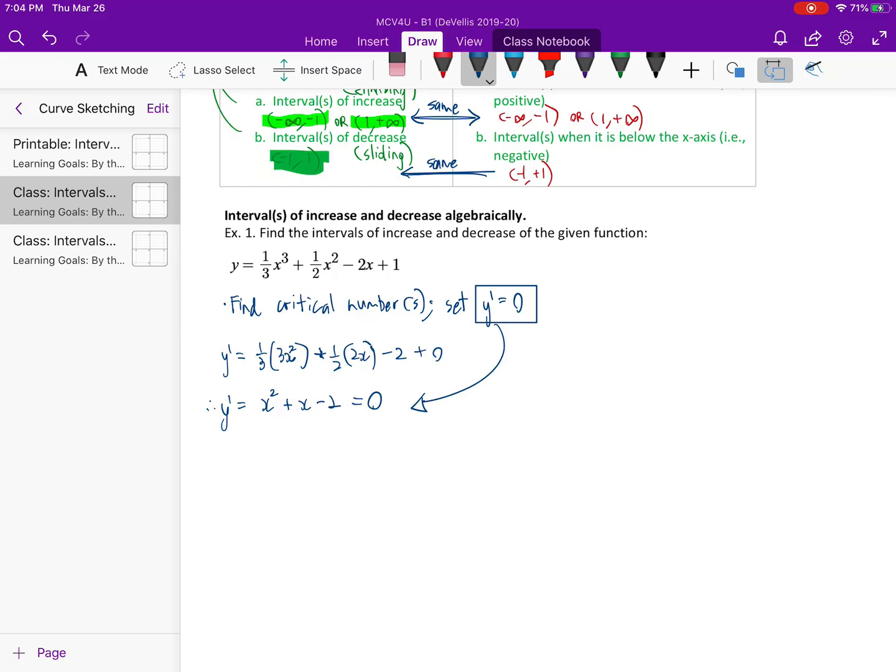Well, to solve a quadratic function, you can use factoring if possible. And what is the other tool that we have that works for every quadratic function, factorable or not factorable? That's the quadratic formula. That's right.